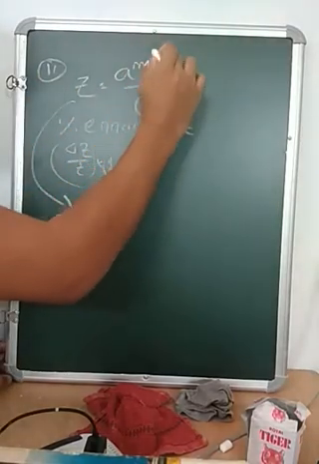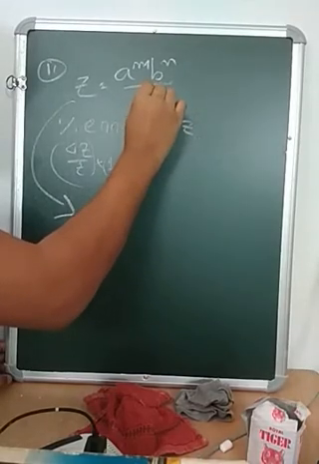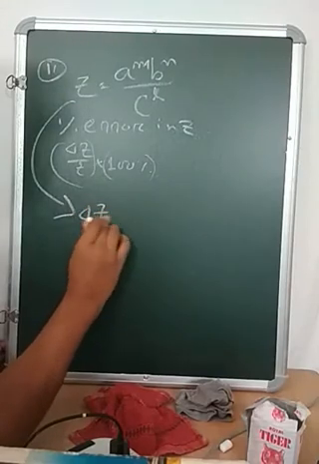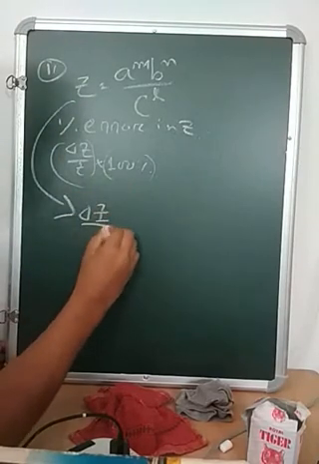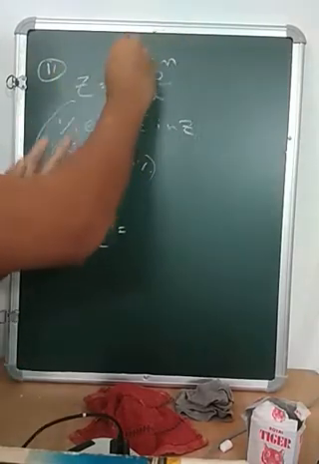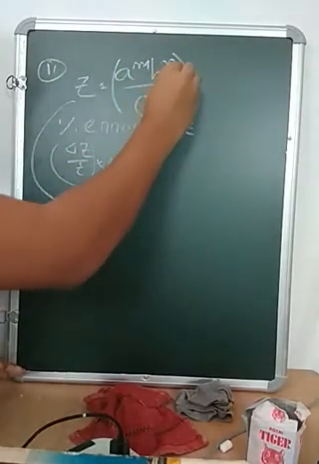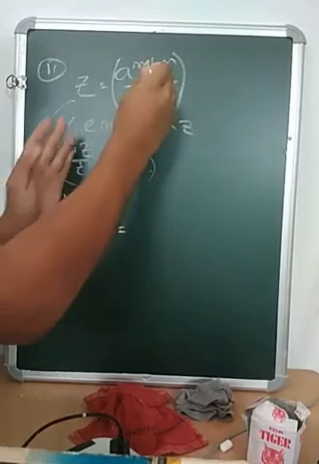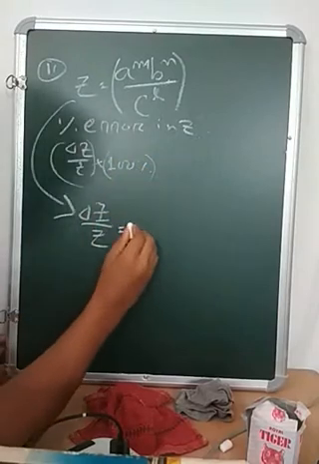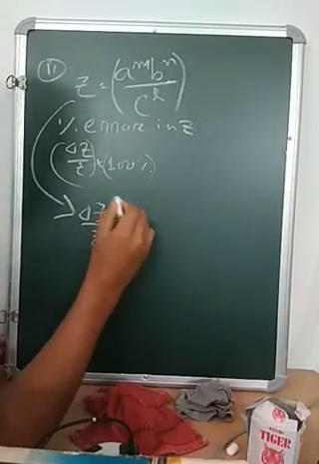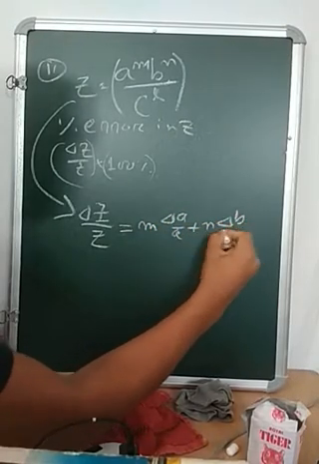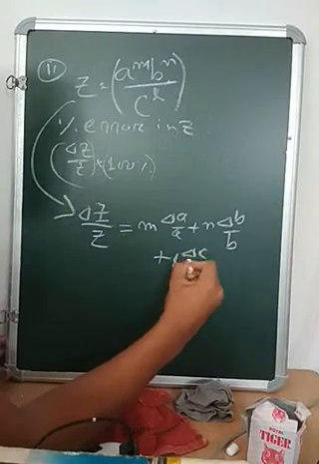See, there is an exponent term, and in the last class I discussed how we represent the error when there is an exponent term. We take relative error delta z by z, because these quantities are related by multiplication or division operators. So the relative error will be delta z by z equals l delta a by a plus m delta b by b plus n delta c by c.